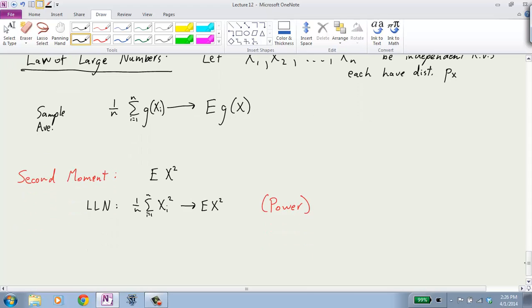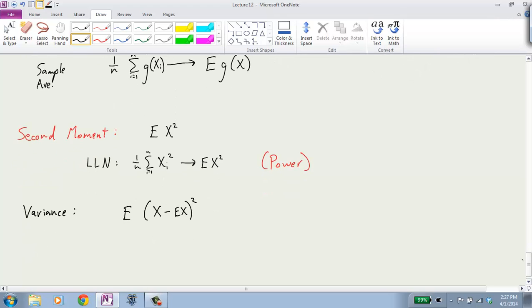Another thing that, just for your curiosity, you're going to like to see is the variance. The variance of a distribution is the expected value of, it's almost like the second moment, but you remove the mean first. So x minus its mean, squared. You'll be familiar with this because when you take the square root of this, you get something known as the standard deviation.